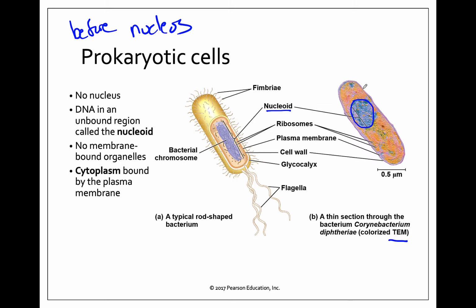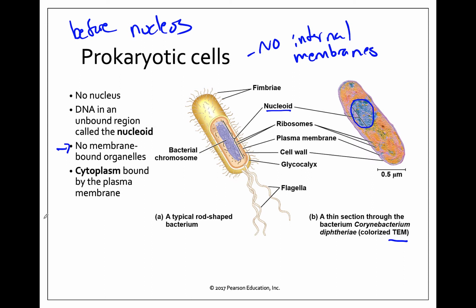It's unbound. There are no membrane-bound organelles. So we're going to see a whole slew of other organelles in eukaryotic cells, like the mitochondria and endoplasmic reticulum and the Golgi body, all of these other things that involve internal cell membranes. And the prokaryotic cells have no internal membranes.